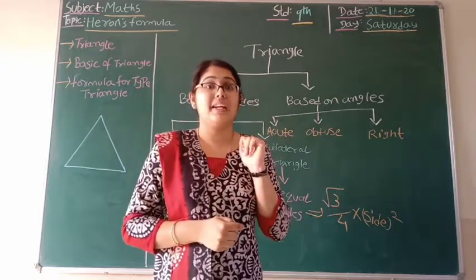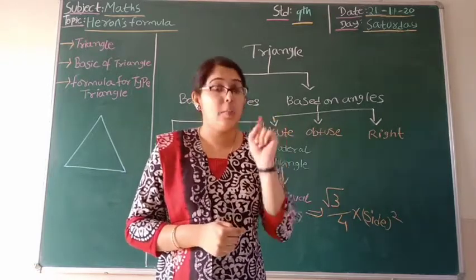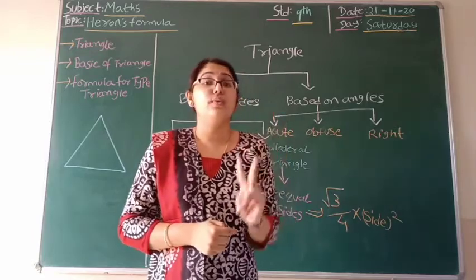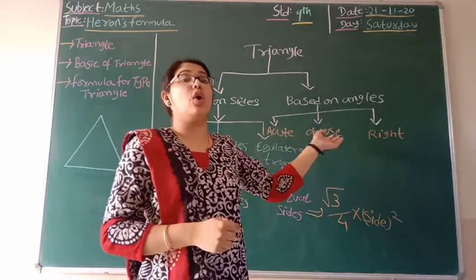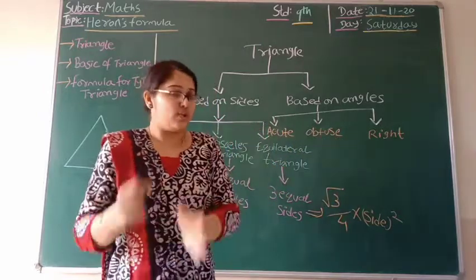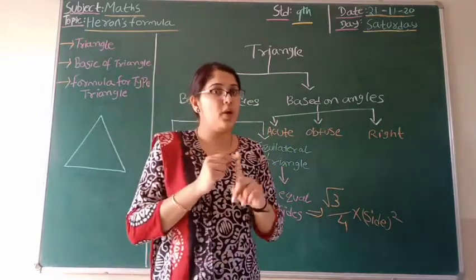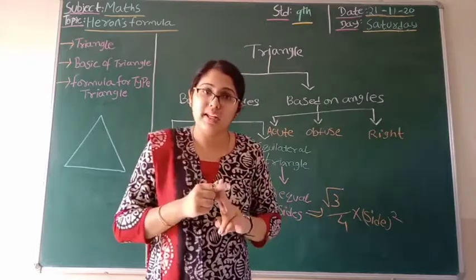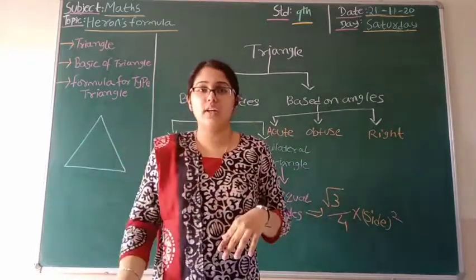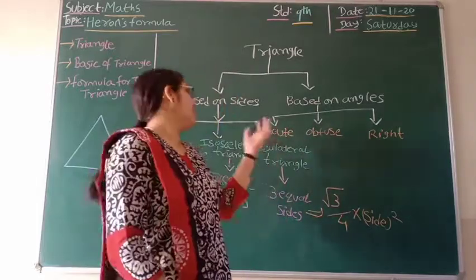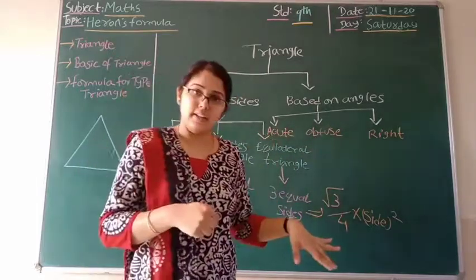I am repeating, it has one obtuse angle and two acute angles. The obtuse angle is greater than 90 degrees. In case of acute, it is lesser than 90 degrees.